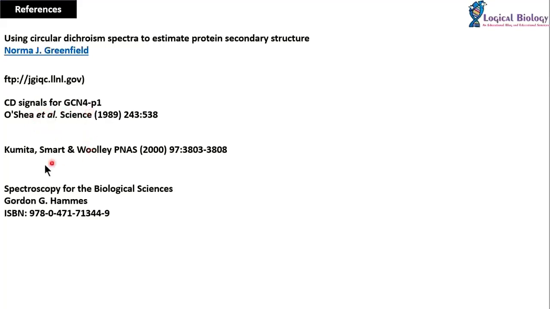Then there is another paper by Smart and Woolley published in PNAS in 2000, and a very good book, Spectroscopy for the Biological Sciences by Gordon G. Hammes. This book has given me too many insights into circular dichroism, and that is why I decided to create a video where I can explain circular dichroism to biology students, so that they can use it.